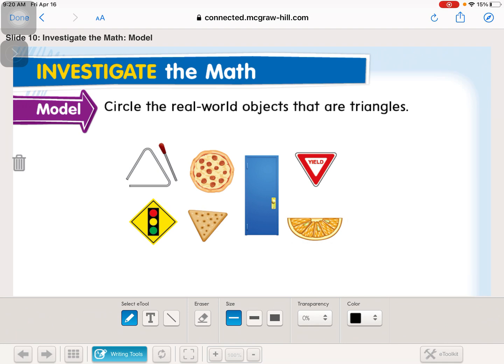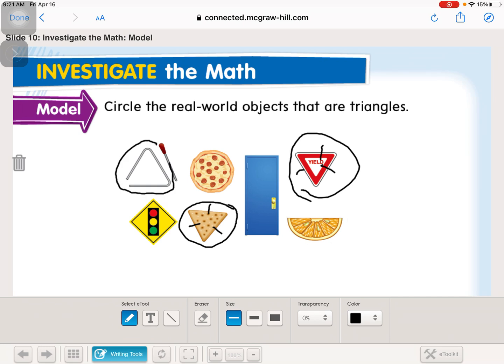Which ones are triangles? We've got a yield sign. That has 1, 2, 3 sides. We've got this cracker or pita chip, 1, 2, 3 sides. And this musical instrument here, 1, 2, 3 sides, even though they aren't connected. Really, to be a real triangle, it would need to be connected.